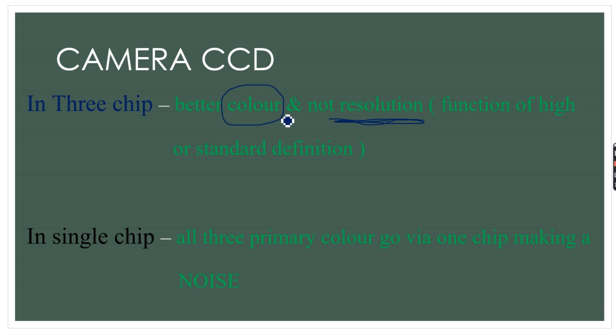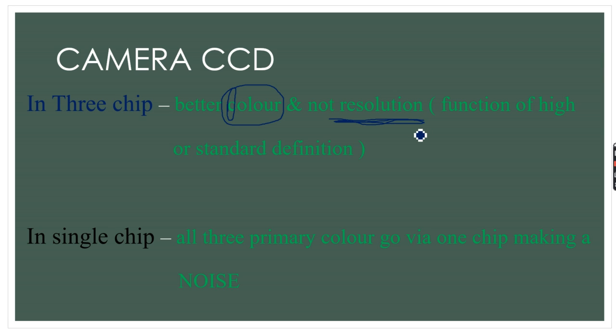So 3-chip means better color, right? Just remember, 3-chip, color, only color. 3 means the third alphabet, and color again starts with C, the third alphabet. Don't get confused with resolution.